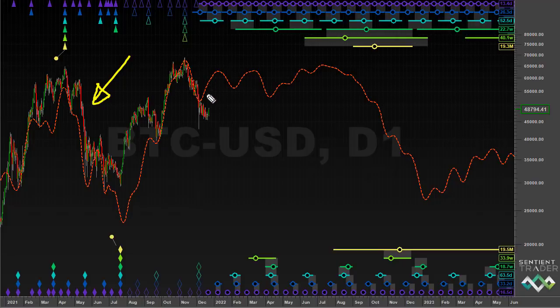So the composite model line here is telling us that price is now bouncing out of a 20-week cycle trough. As I've mentioned over there, we have our 80-day cycle trough in February. There it is. We have our 40-week cycle trough in April. There it is over there. But you can see that the general picture for Bitcoin is very much the same in this analysis.